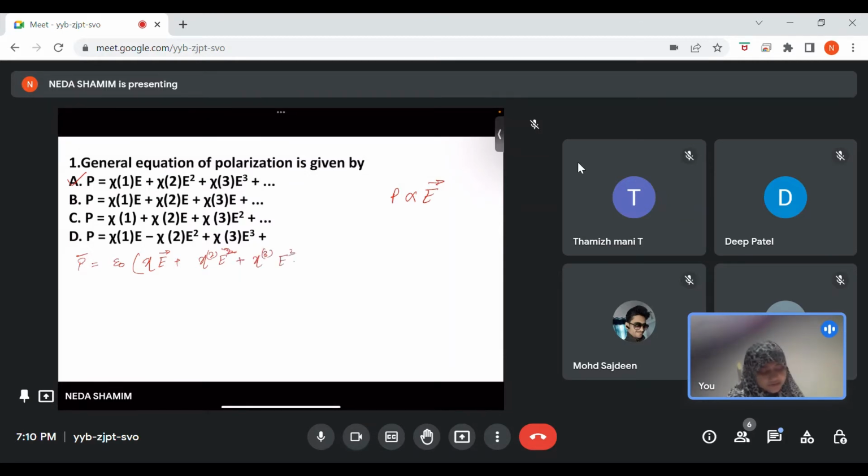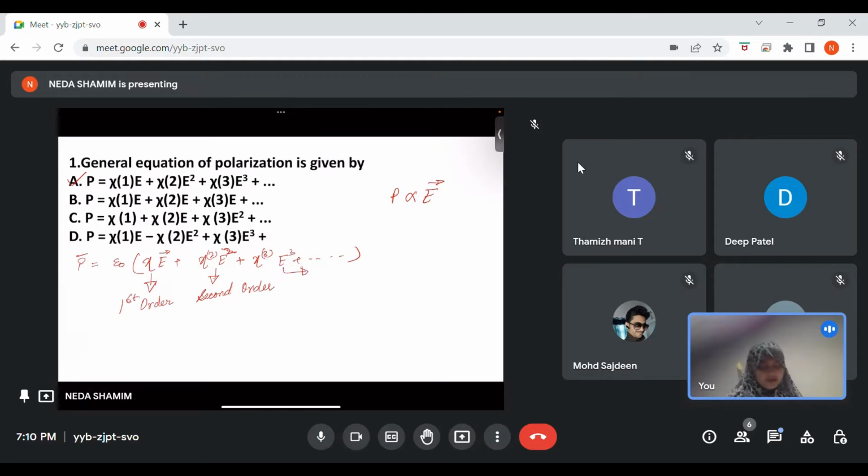Okay, and all these different terms have certain physical significance. What we were doing is known as the first order relation, and this chi over here is known as the first order chi, or first order electrical susceptibility. Now this is a second order chi.